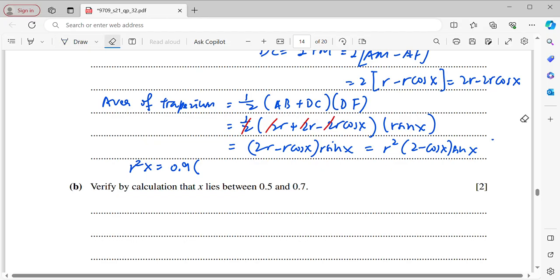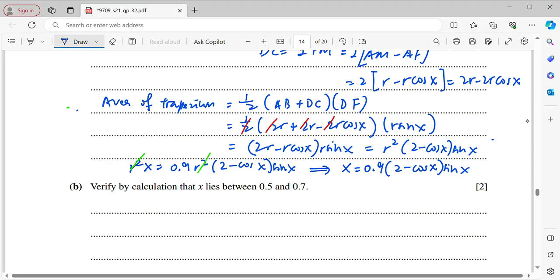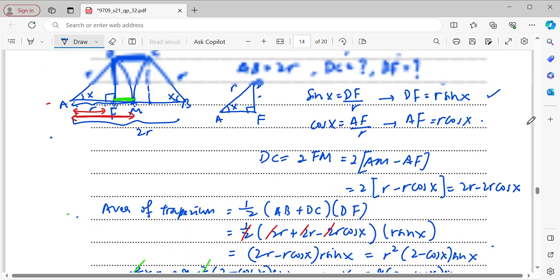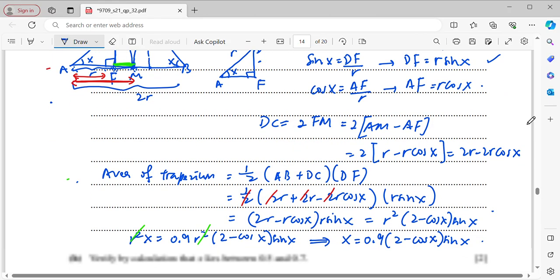So no need to put bracket, just rewrite everything. R squared bracket 2 minus cos X times sin X. So obviously the R squared can be cancelled off from both sides. Then now, at last, you are getting X equals to 0.9 bracket 2 minus cos X times sin X. Okay, so this is the solution.